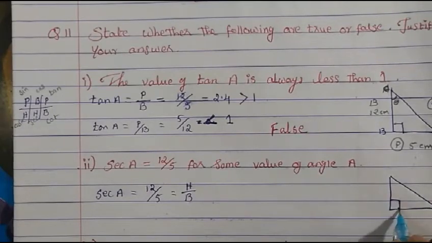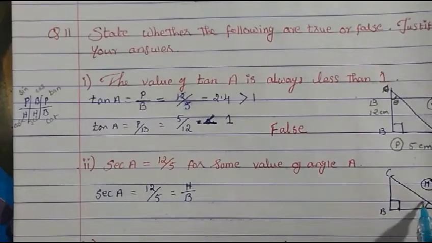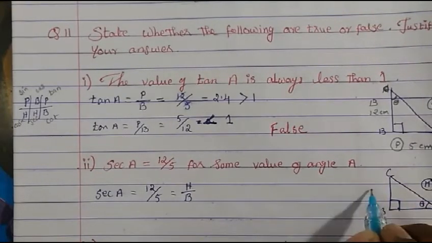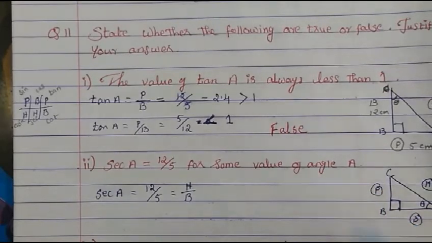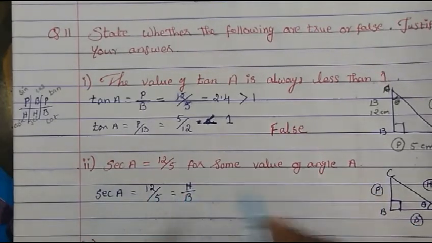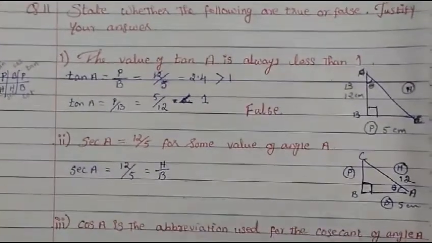So let's draw and see. So this is 90 degree. Opposite to 90 degree becomes hypotenuse. Okay. So let's give names A, B, C. Theta is on A. So that means opposite to that theta becomes perpendicular and this becomes base. So now here hypotenuse is 12 centimeter. Base is 5 centimeter. Okay. So now you see, is it possible?